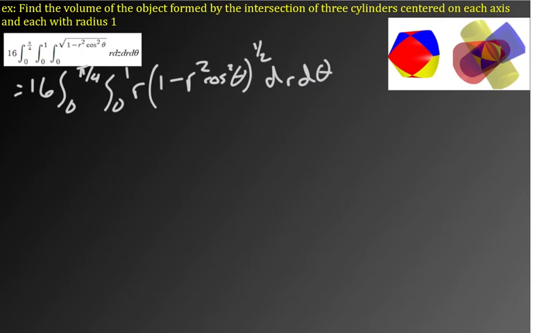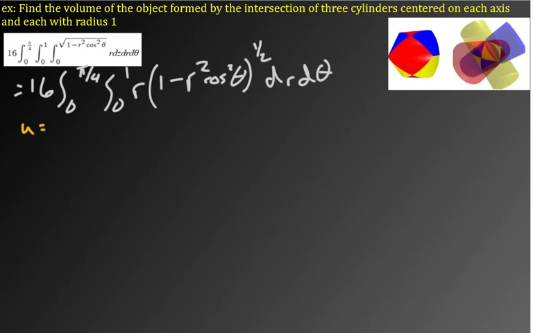All right. And if I'm doing a dr integral, cosine squared of theta is constant, which is kind of nice, right? So I can just look at the r's and kind of blank that out in my head. And I see that this is a nice setup for u-sub then, right?